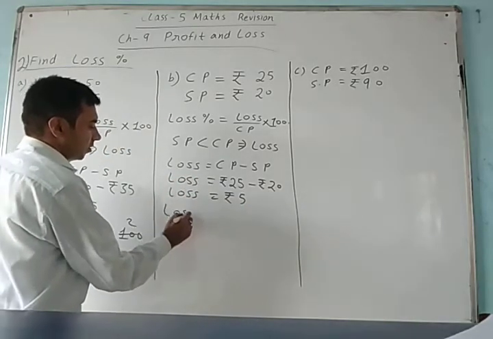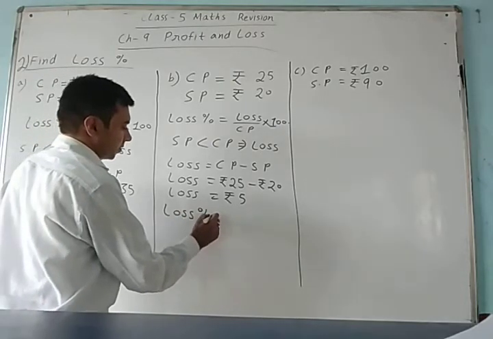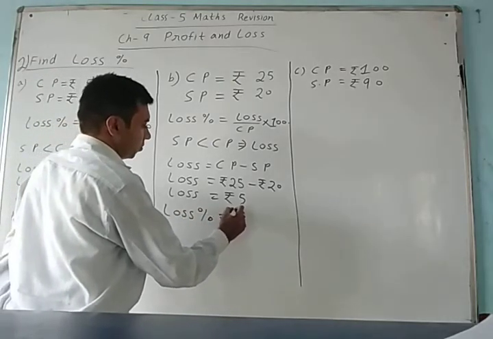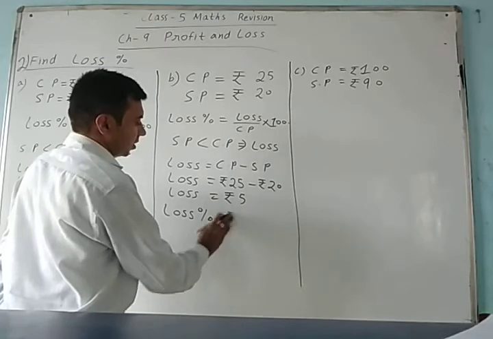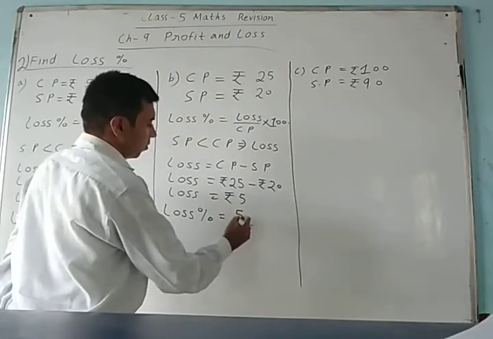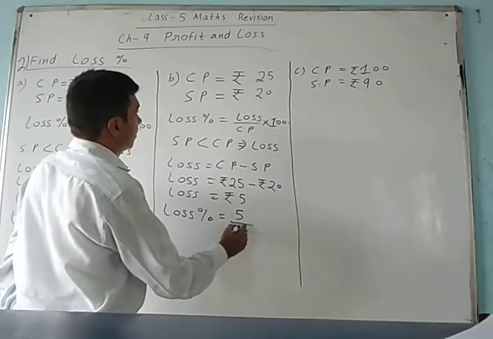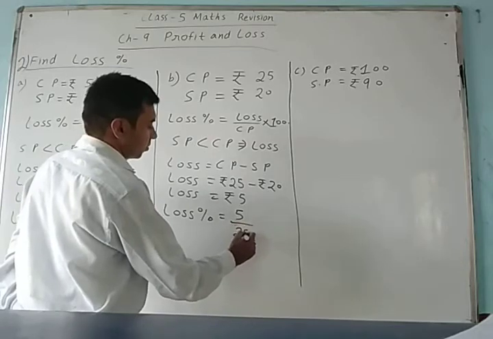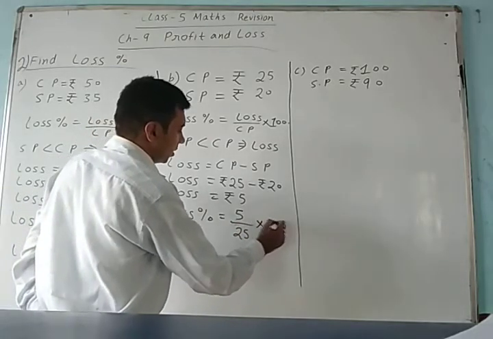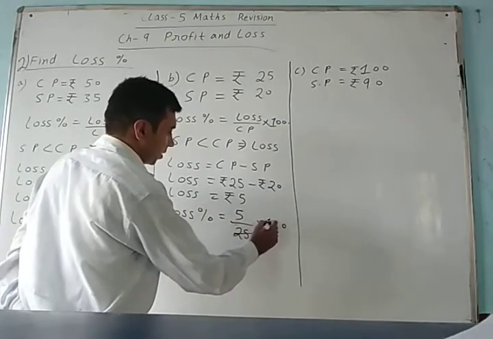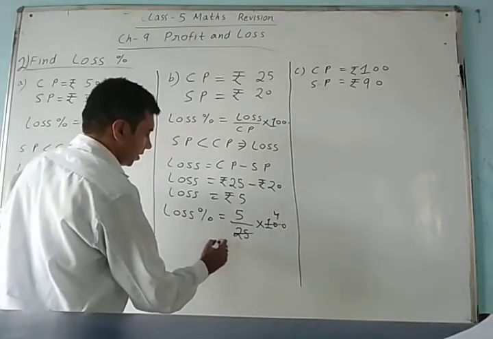Now loss percent is equal to rupees 5 upon cost price 25 into 100.